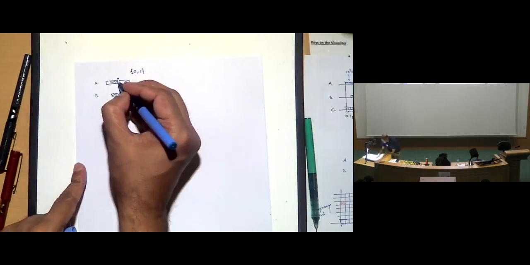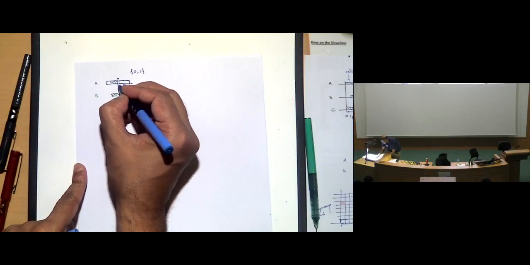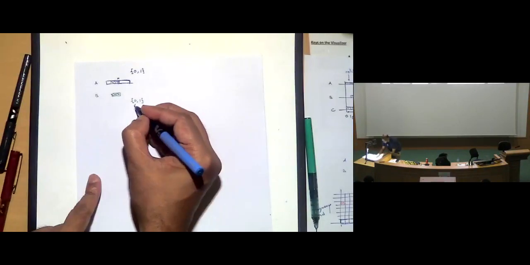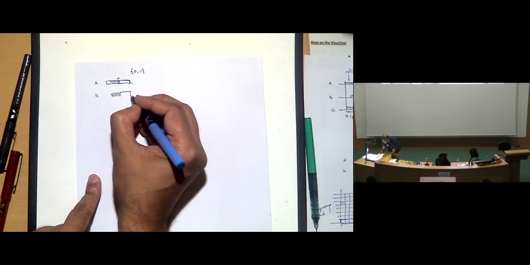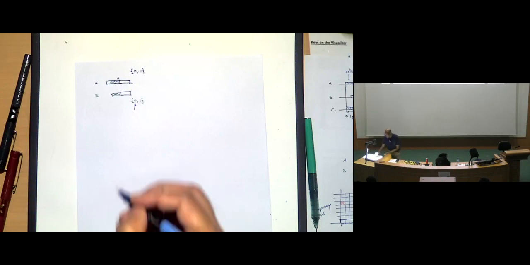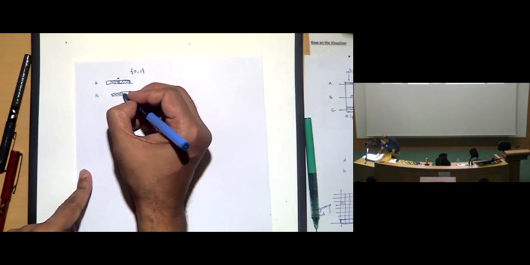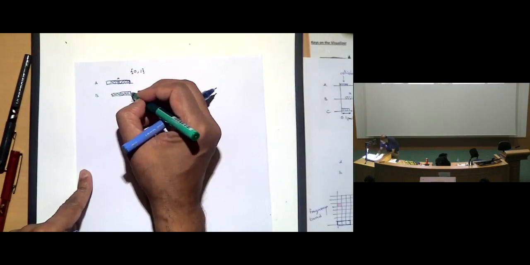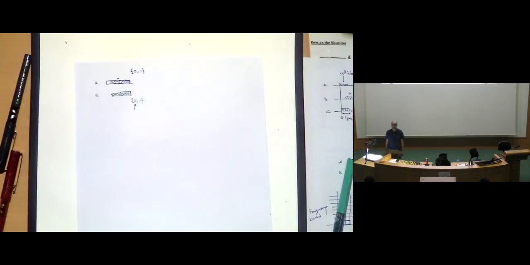So I will not draw this, I will just say you transmit immediately. If this guy also picks a 0, it also transmits immediately. And then you get a second collision. Problem.